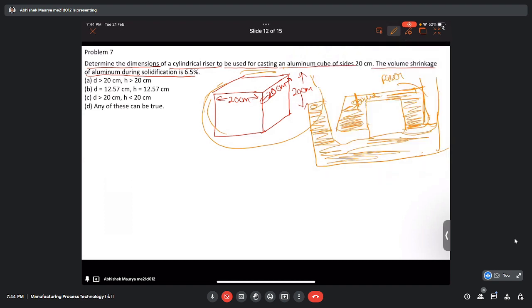And now what I am doing, I am filling this mold with molten material. Molten material is coming inside the mold, as well as it is also filling the riser.